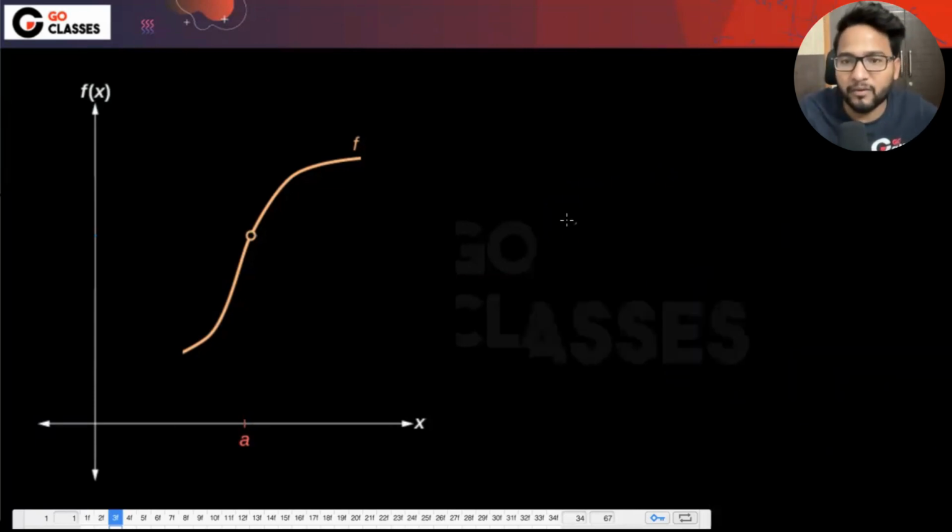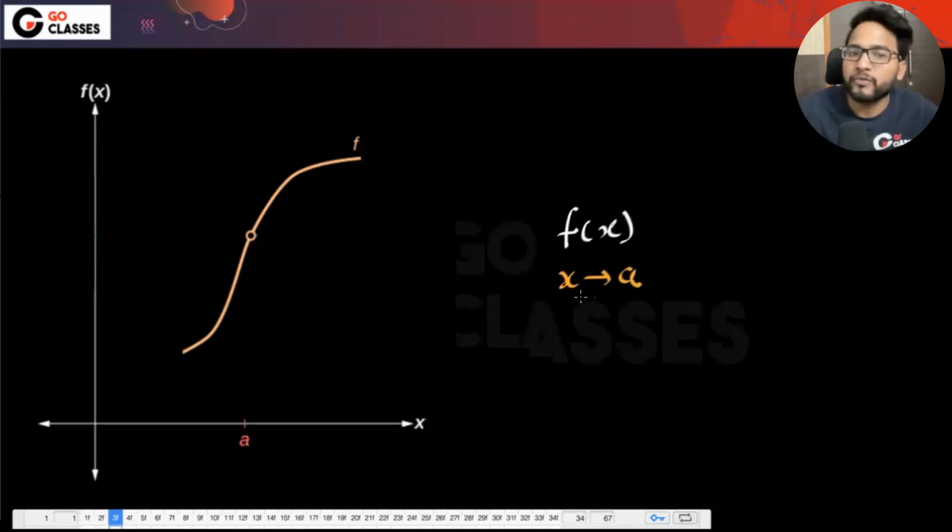So here we have a function f(x). Obviously x is scalar and f(x) is also scalar. For any function f(x), we say that the limit exists at, let's suppose, a, if I go to this a from the left side and from the right side, and both the values are the same.